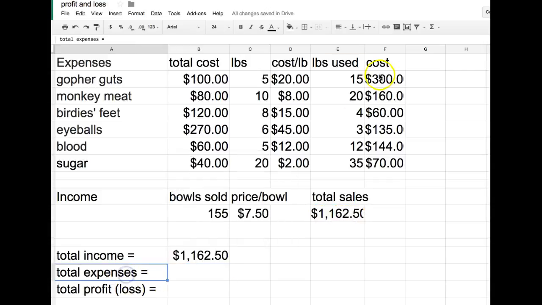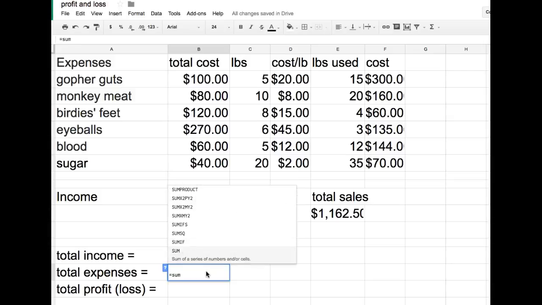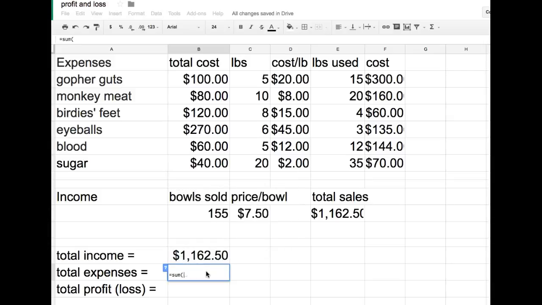Now, total expenses, we want to add up these various costs here. So we're going to say equals, add them up, sum of F2 all the way to F7. So equals the sum of F2 to F7. And we get 869.